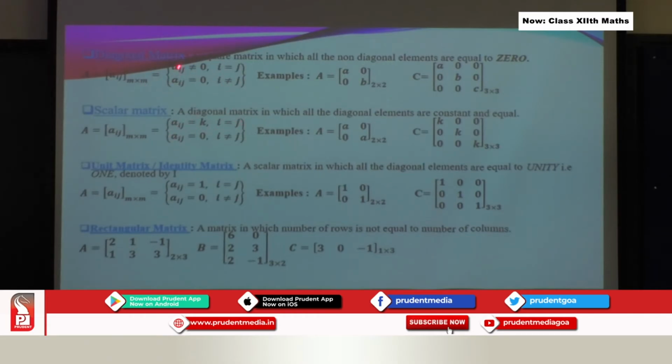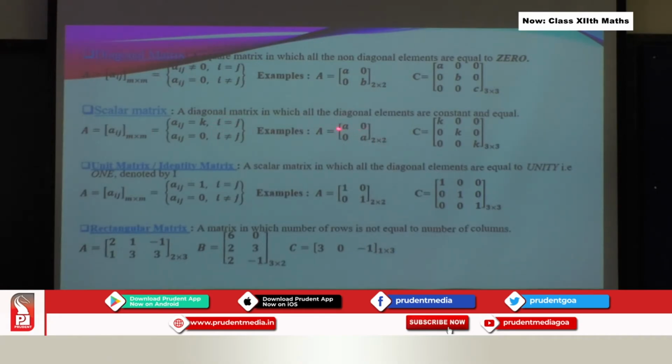Now here the same definition goes. Here I said Aij is not equal to 0. Not equal to 0 means any number, right? So here I say for a scalar matrix Aij is equal to k, one particular number, and here you can see i is equal to j. What does it signify?